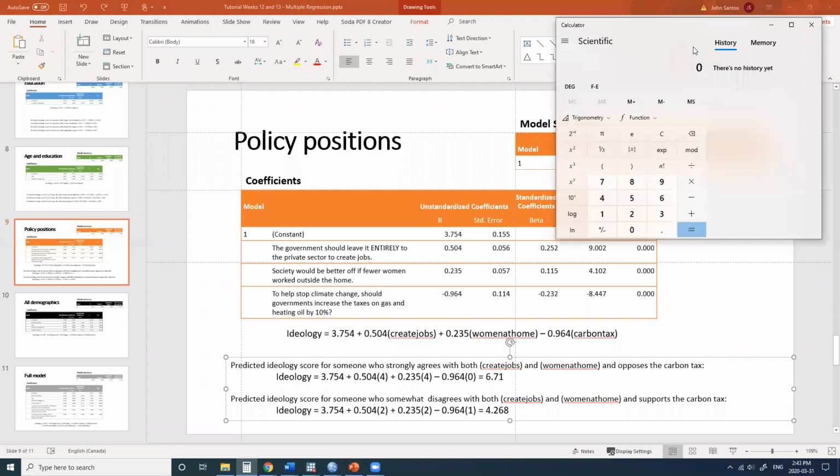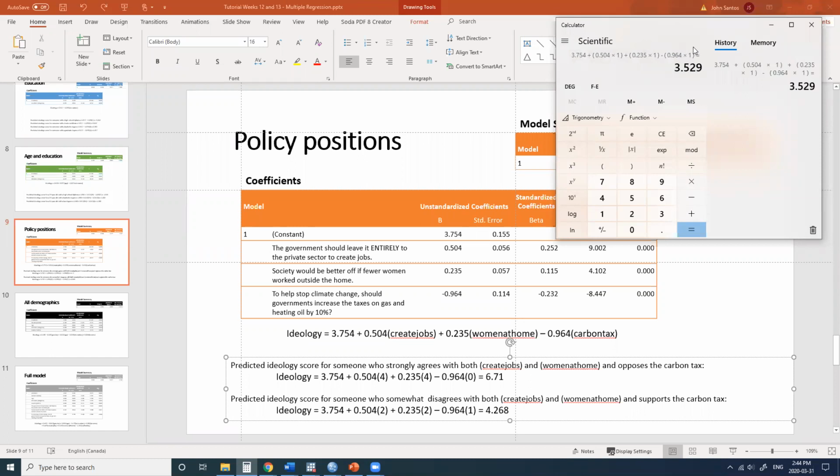I didn't do it, and I might do this before I upload it, but we could calculate the score of the most left-wing person on this scale, right? So that would be somebody who strongly disagrees with both the create jobs and the women at home question and supports the carbon tax, right? So that would be 3.754 plus open bracket 0.504 times 1 close bracket plus open bracket 0.235 times 1 minus 0.964 times 1, close bracket.